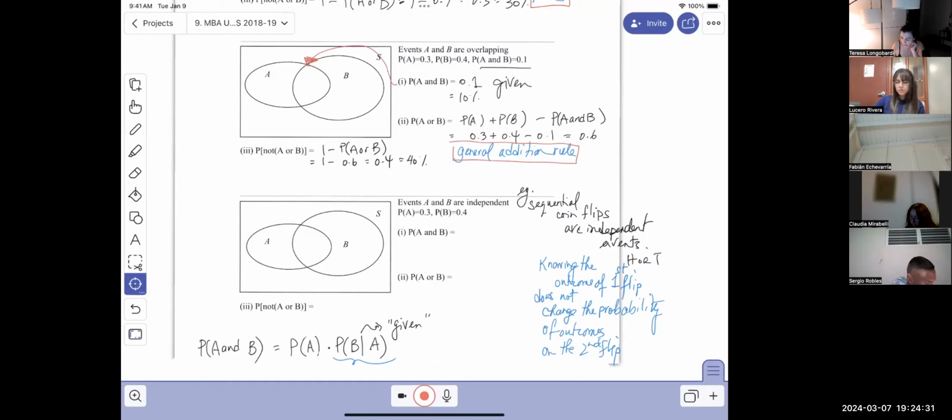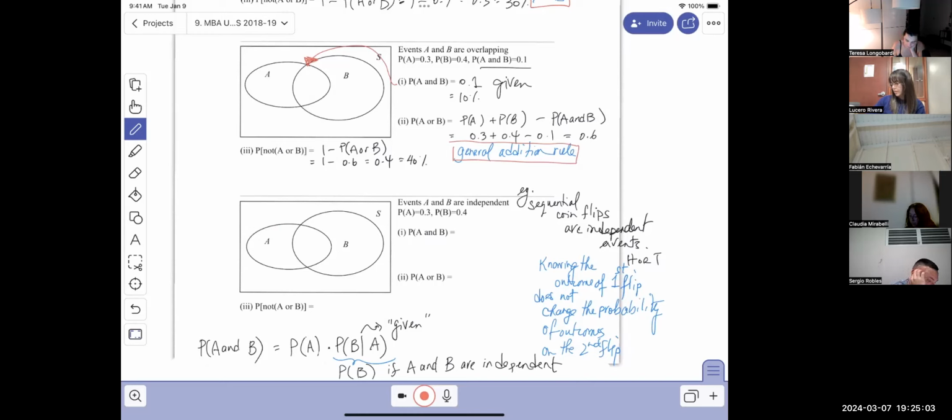So we'll go back to the definition of independence. Knowing that A happens, the probability of B does not change. So if they are independent, then this is just equal to the probability of B. That is a way of explaining what independence is. So what's the implication of that?